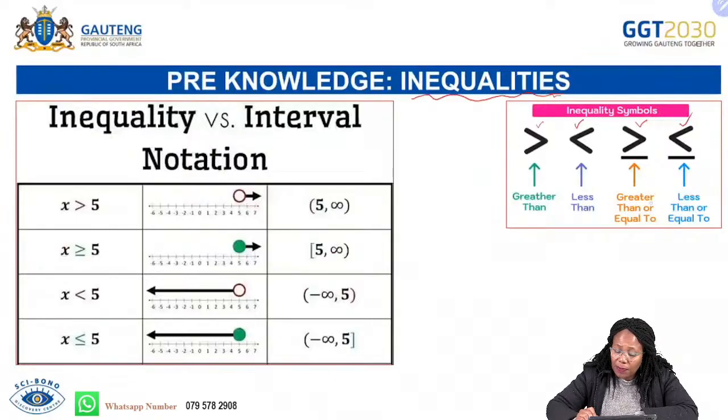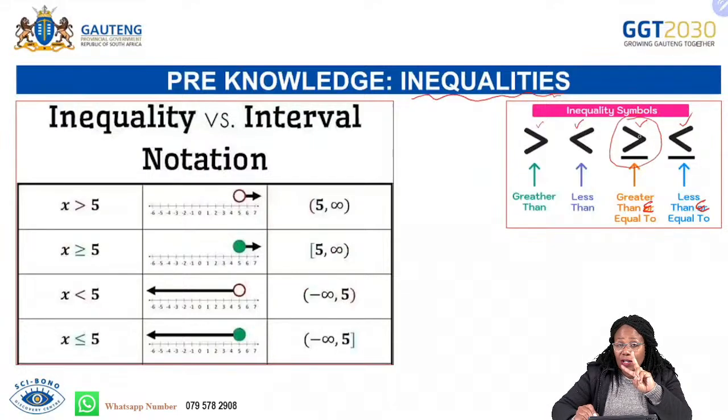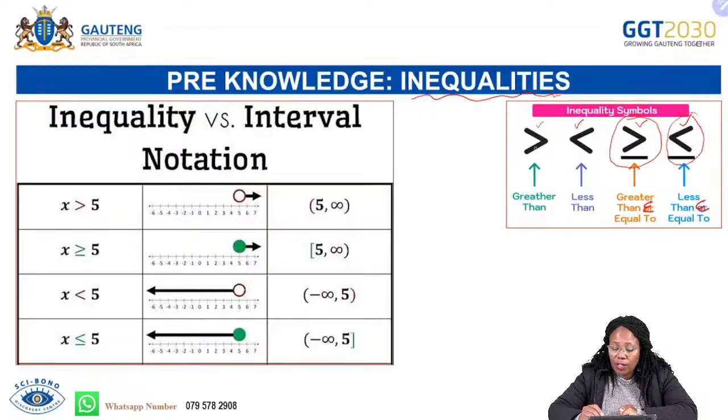Not or, it must be greater and equal to, and then less and equal to. Okay, catering for both solutions. We have the greater than solution, then the equal to solution, the less than solution, and the equal to solution. This one is only the greater than, and that one is only the less than.